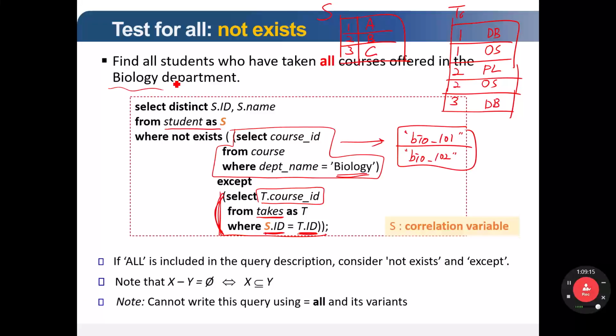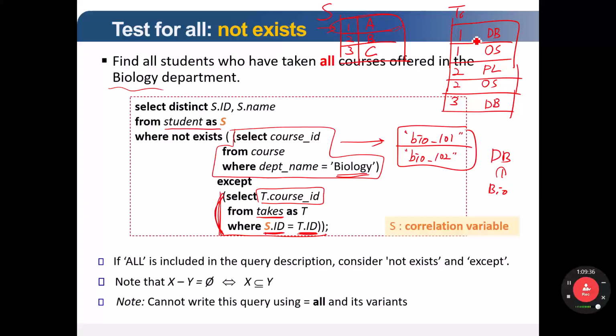This example is about biology department. Let's assume that database is a biology course. So we start from one single record of a student table. DB belongs to biology.